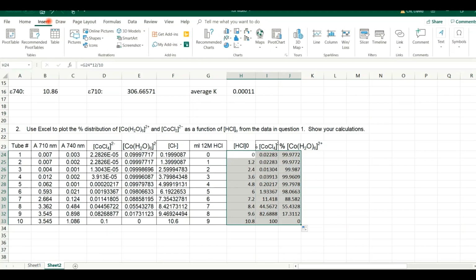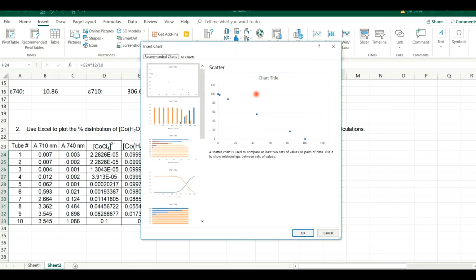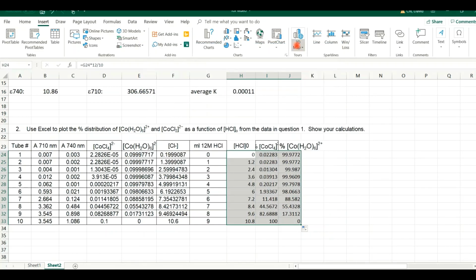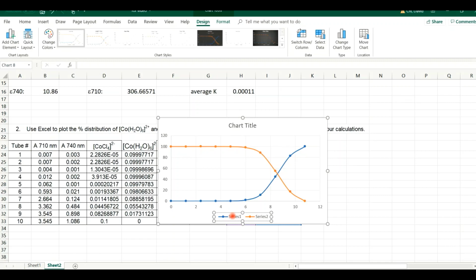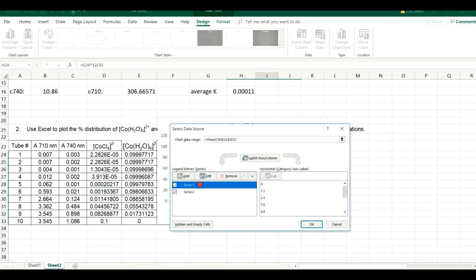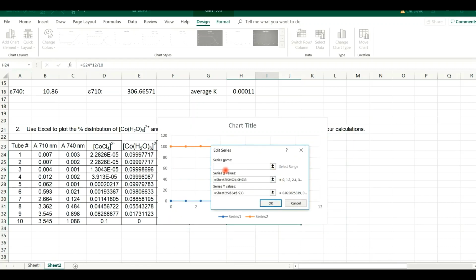So let's insert a chart. Here, let's use scatter with smooth lines. To make this look better, we are going to choose data. Series 1 is the cobalt tetrachloride.